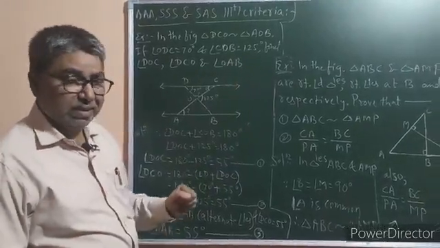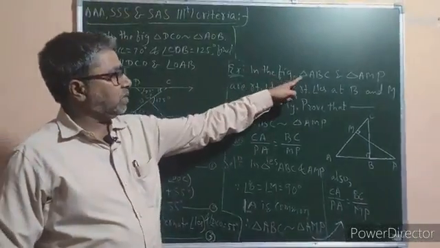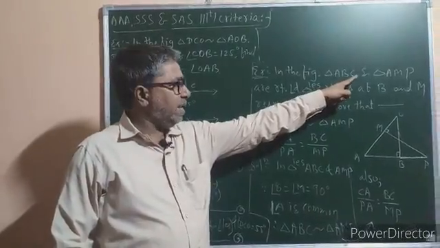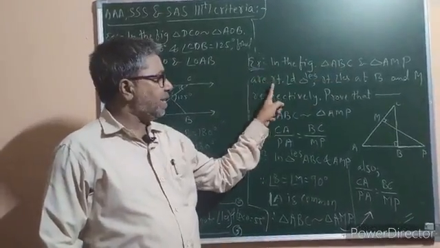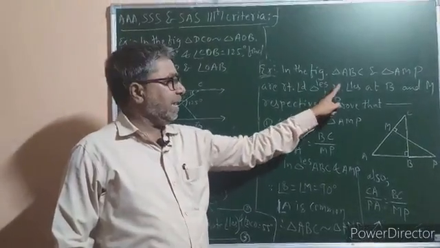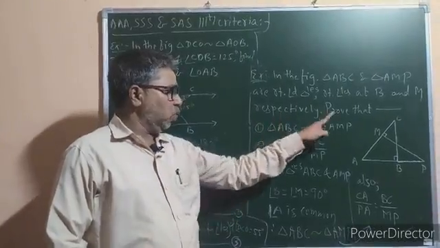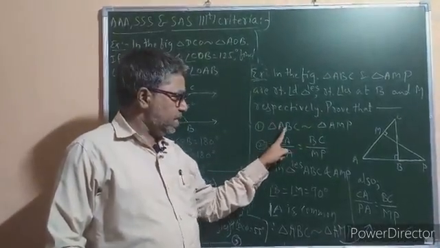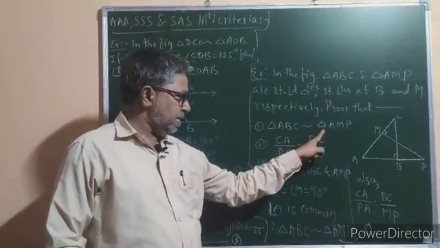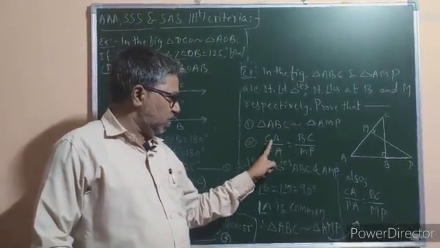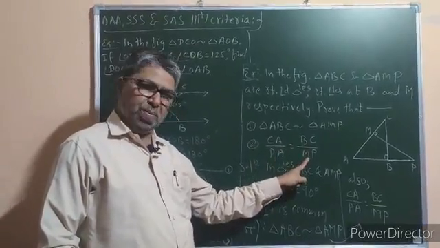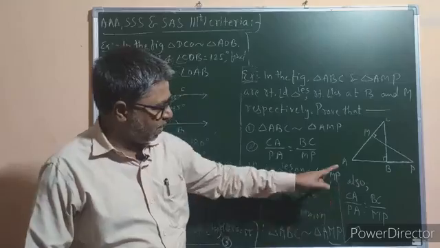Now coming to the next example. In the figure, triangle ABC and triangle AMP are right angle triangles, right angles at B and M respectively. Prove that number 1, triangle ABC is similar to triangle AMP, and number 2, CA upon PA is equal to BC upon MP. So this is the figure.